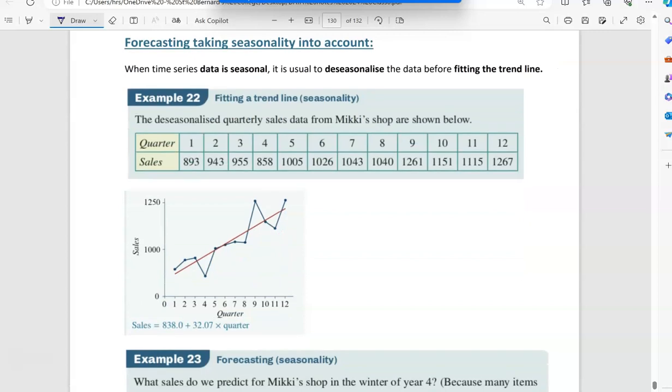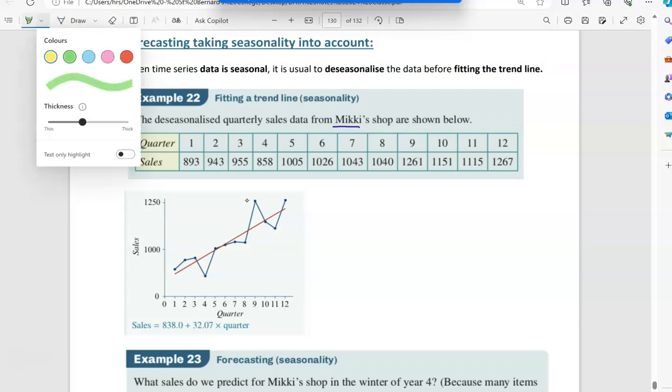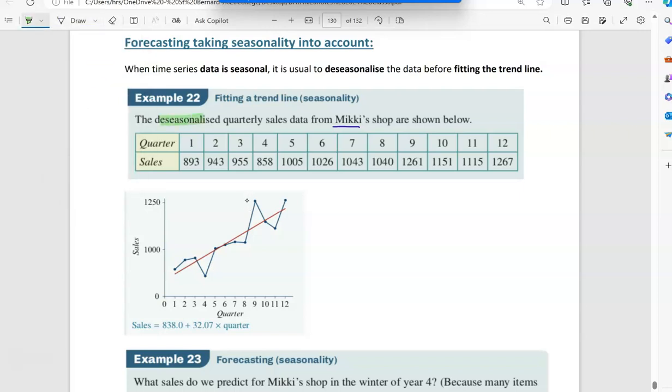So here's where if we look at it, this was the deseasonalized data that we looked at before. So here's that girl's Mickey's shop. And so if you look, it's really important that you highlight this. It says these are the deseasonalized quarterly sales.